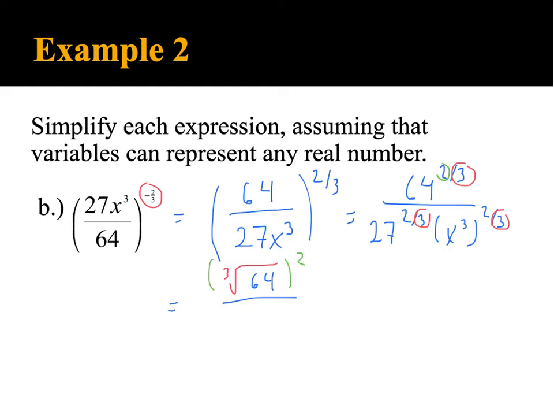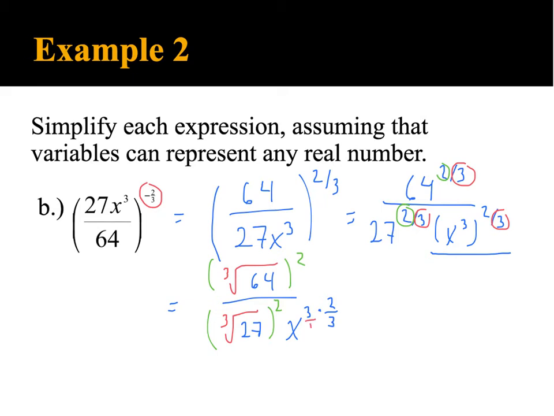Then it's the cube root of 27, but then I'm going to square that because it says square right here. And finally, the variables are actually the easiest, because I just have to do x cubed and multiply the 3 times the 2/3. So that's not too bad. I can put 3 over 1 and just do cross canceling, and that'll work out nicely.